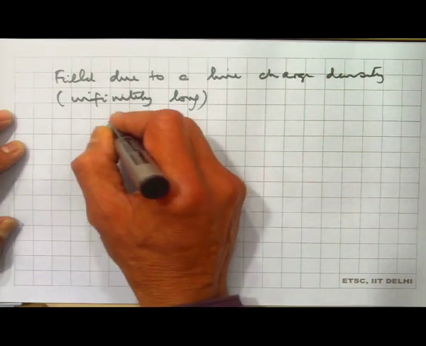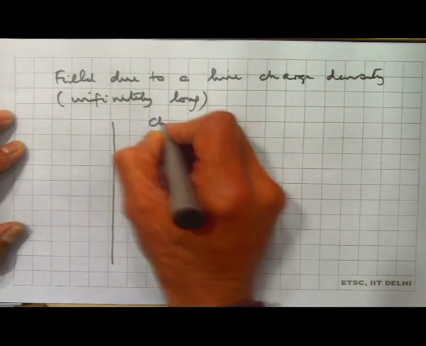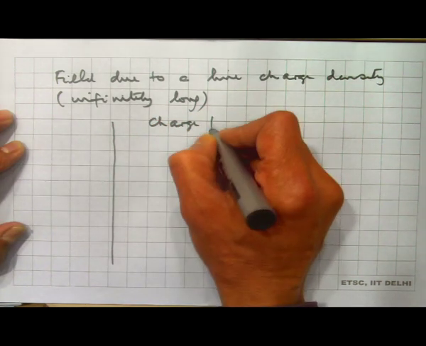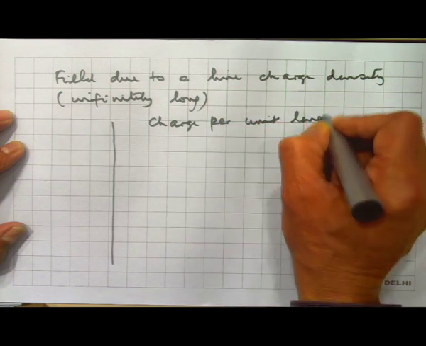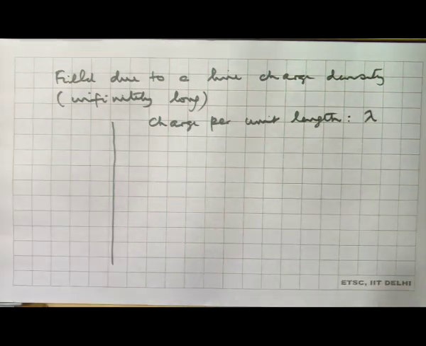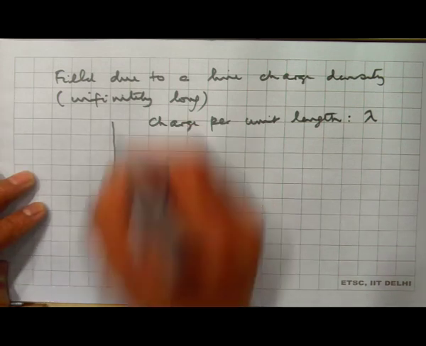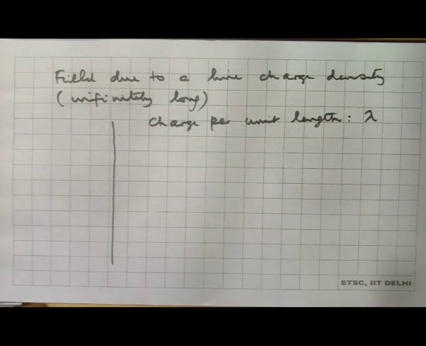So, I have a straight line which carries a charge per unit length lambda. Lambda is the charge per unit length of this line charge distribution, and my objective is to calculate the electric field produced by this line charge.